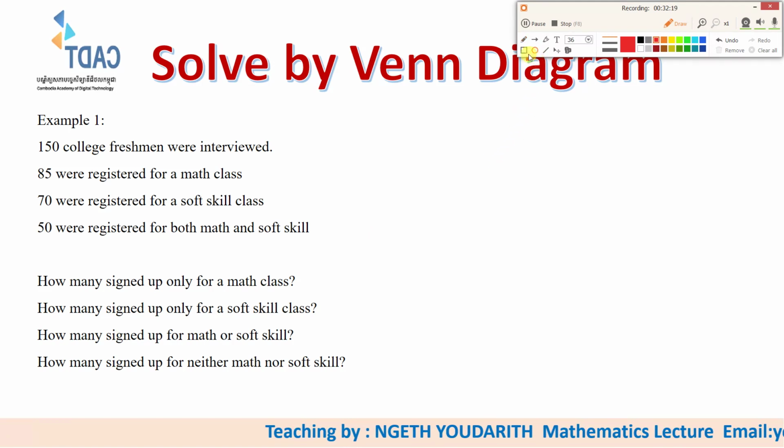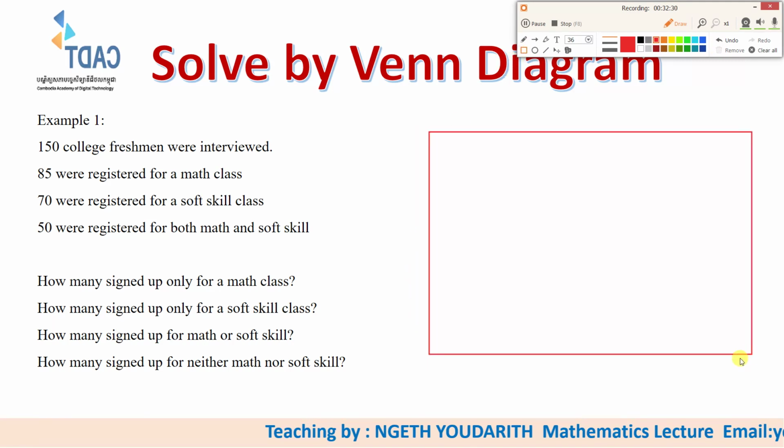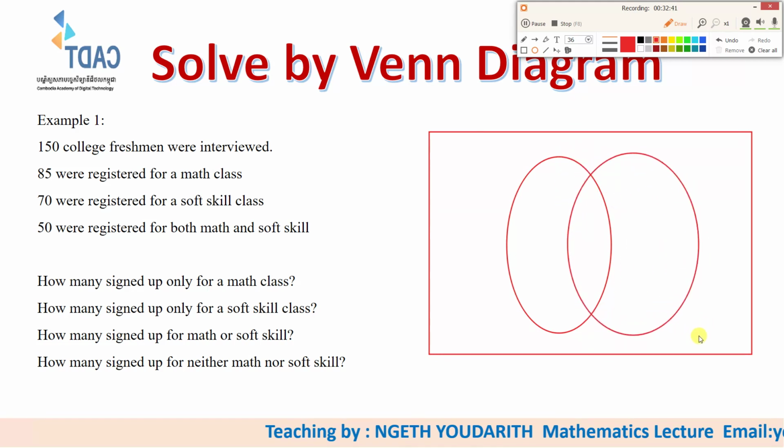First, I want you to draw the universal set U, like this one. And the next for this one, and the next for this one. This is only an example about math, right? M, no, sorry.